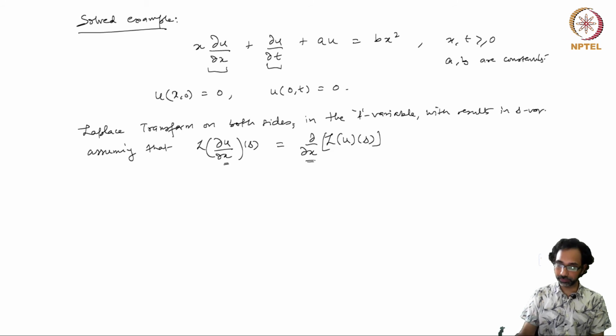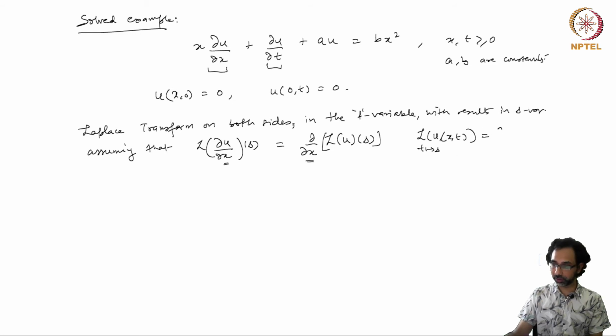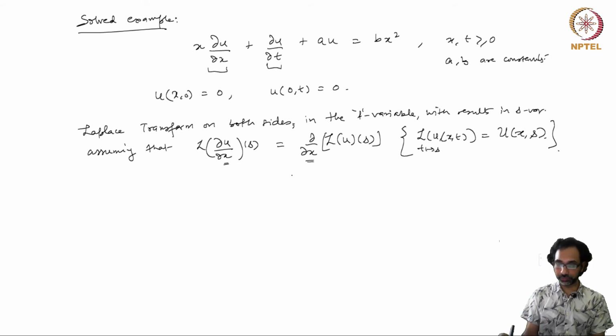In general, the Laplace transform of the function u(x,t) with respect to t with the output in the variable s is a function of both x and s. So we will assume that the Laplace transform and the partial derivative can be interchanged.